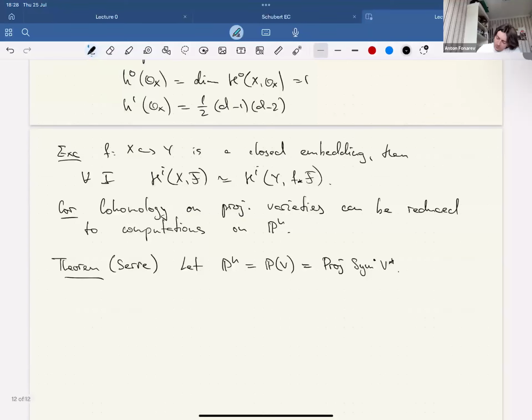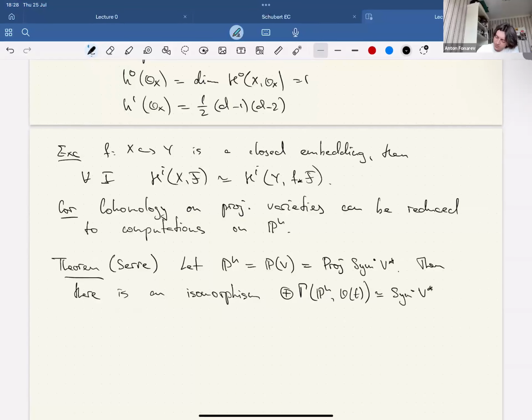Then there is an isomorphism: if you look at the direct sum of Gamma over Pn of O of t, where O of minus 1 is the tautological bundle and O of 1 is the very ample bundle, then this is isomorphic to the symmetric algebra of V star.